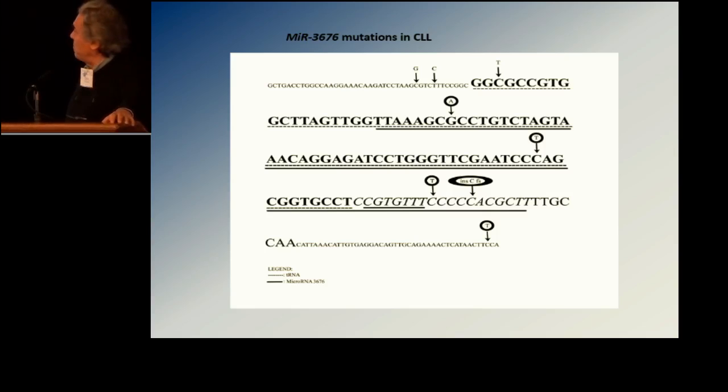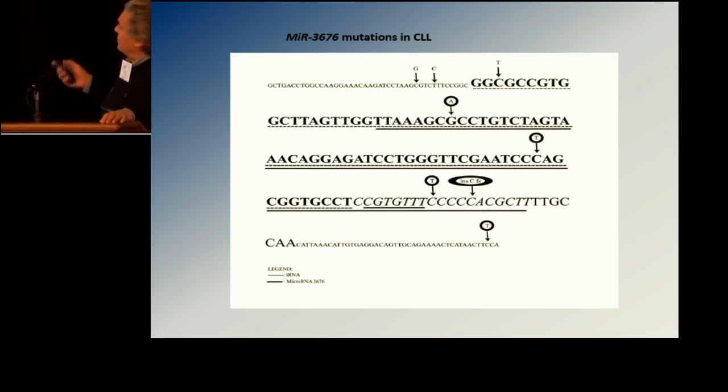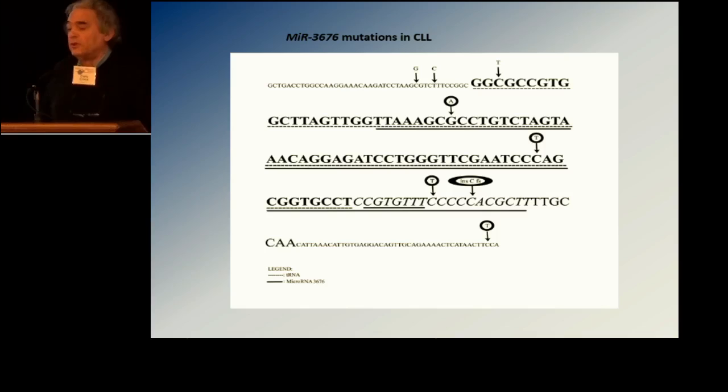Okay? And interestingly, I don't have a slide for that, we have also sequenced the 3' untranslated region of TCL1 in several hundred cases of CLL, and we found some mutants in which there is a deletion of those 3 sites at the 3' untranslated region of TCL1.